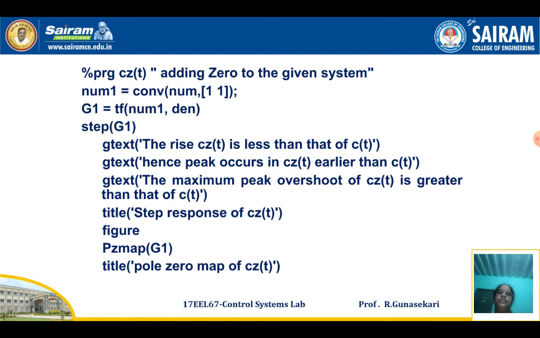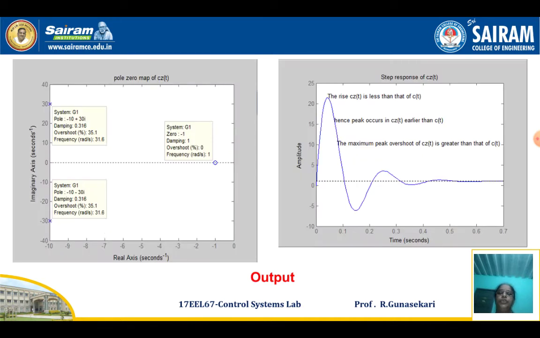I am considering this as system G1, and I have to convert the previous numerator. I have to find the rise time, peak time, maximum overshoot, everything, and then the pole values and zero values. This is adding a zero and poles.